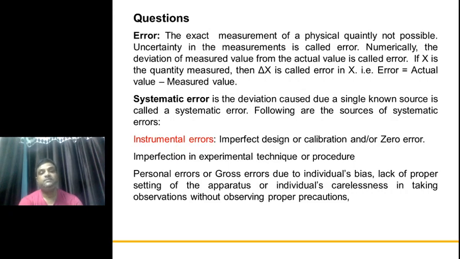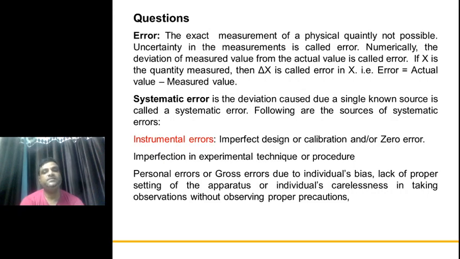Then we move on and discuss some of the definitions associated with error. First question: what is error? The difference of the absolute value and the measured value, or the difference of the real value and the measured value, is called error. The exact measurement of a physical quantity is not possible.